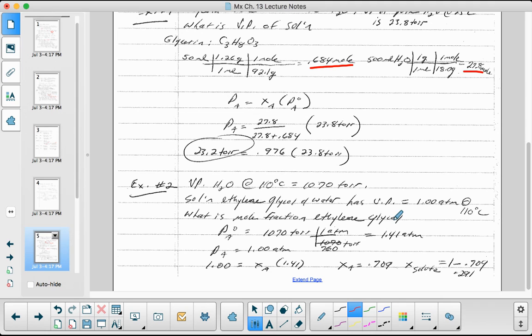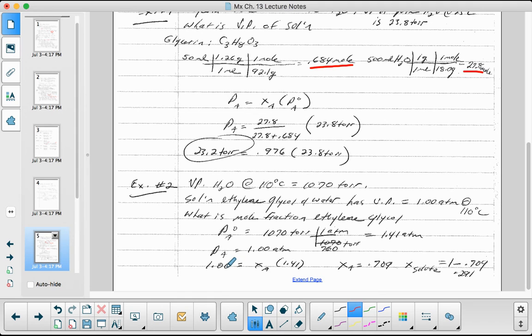So then what I do is I'm going to look at my same equation, which is P equals X sub A times P naught sub A. So what I know is that the vapor pressure of pure water is given here. I'm going to convert that to atmospheres because the vapor pressure of my solution is in atmospheres, so I have to be in the same units.